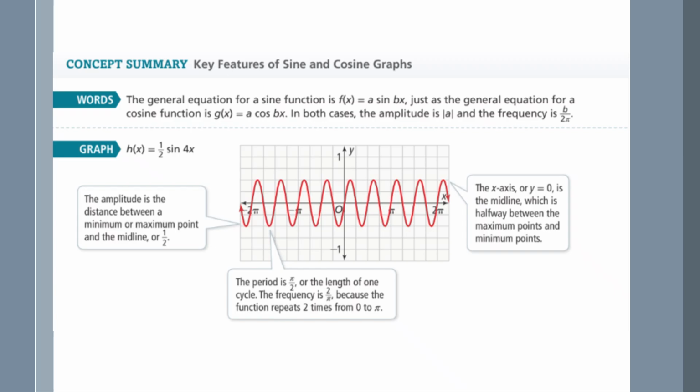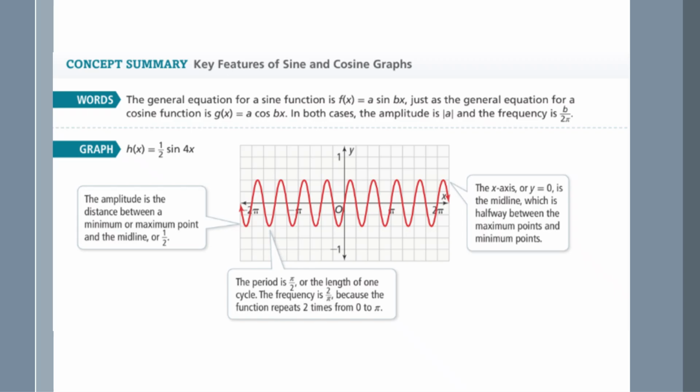All right, so in your textbook, we didn't touch too much on your textbook, but here's how they describe everything. In general, an equation for a sine function is f of x equals a sine bx, and for the cosine function, a cosine bx.